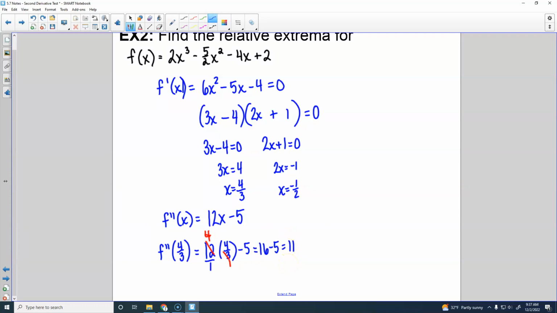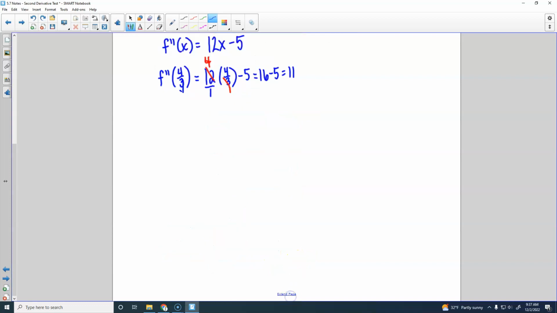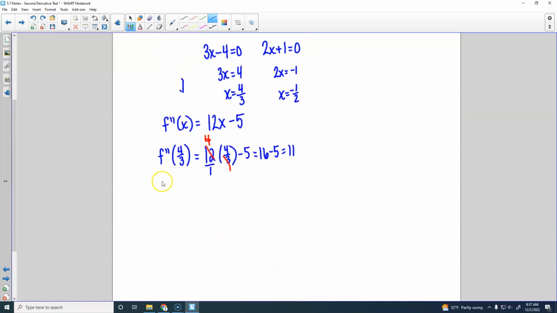So that is greater than 0. It's positive. You would also check f double prime of negative 1/2. And that will be 12 times negative 1/2 minus 5, which is negative 6 minus 5, which gives you negative 11.